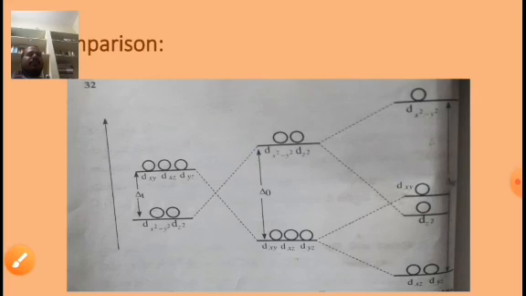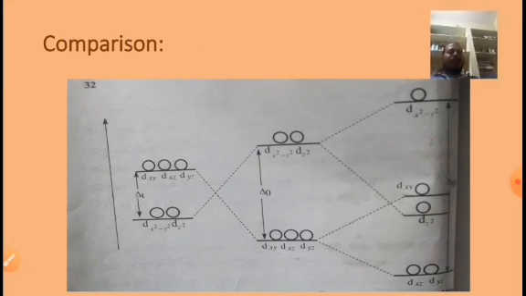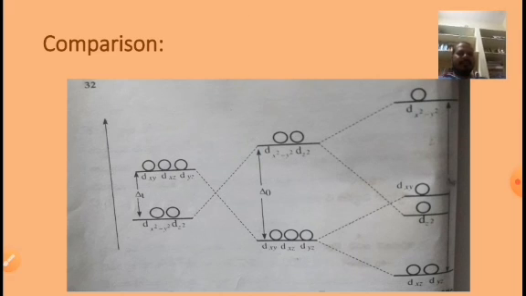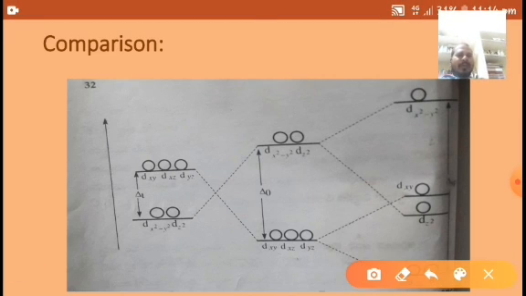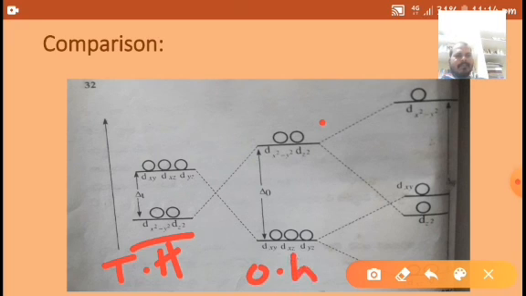So if we compare all these splittings here, it is Eg, that's why it is tetrahedral splitting. Here Eg and T2g, it is octahedral splitting, and here it is square planar.